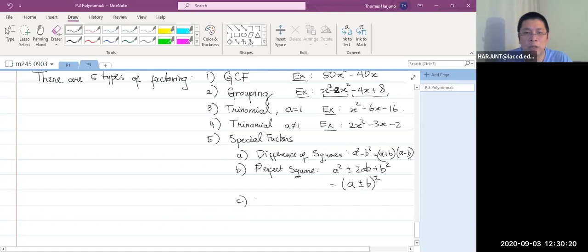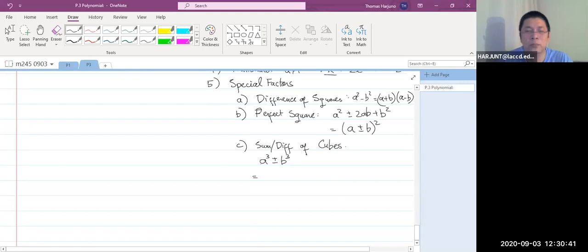And the last one is the sum or difference of cubes, where a cubed plus or minus b cubed equals (a plus or minus b) times (a squared minus or plus ab plus b squared).